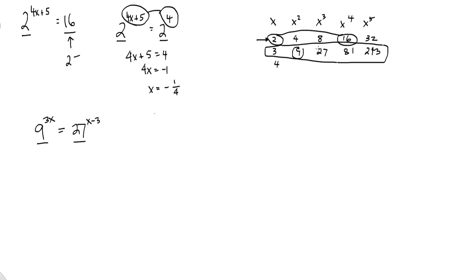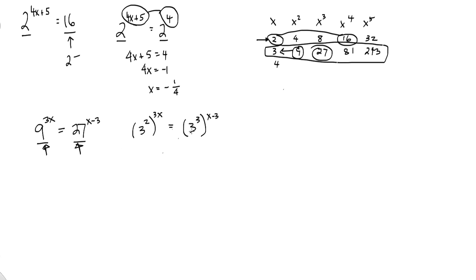And when you find that row, you'll discover that they're both powers of 3. 9 is 3 squared, 27 is 3 to the 3rd. So let's write that. 9 is 3 squared, to the 3x, equals 3 to the 3rd, to the x minus 3. All I've done is rewrite 9 as 3 squared and 27 as 3 to the 3rd. That way they'll both be to the same base, which means we can use our one-to-one property.